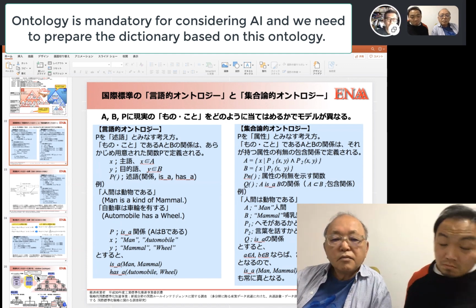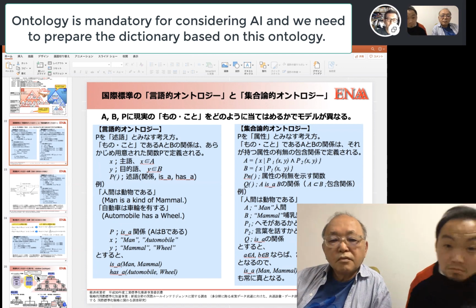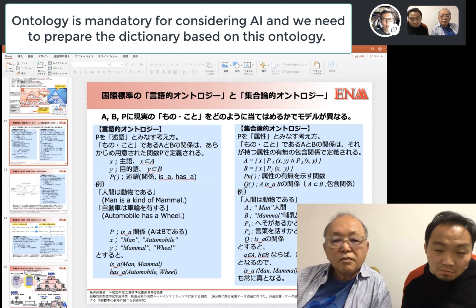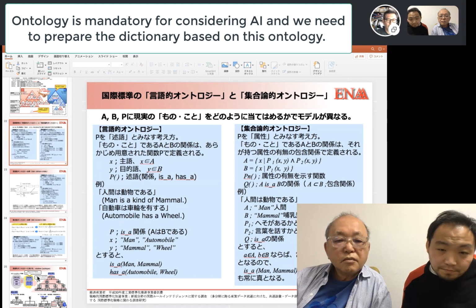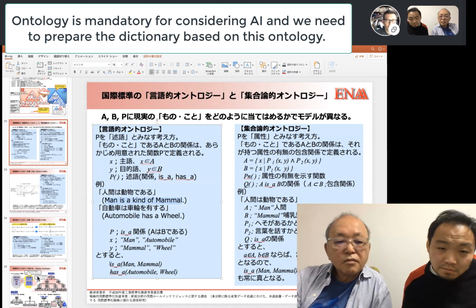In the case of linguistic ontologies, we explain things like this. It is much easier to understand meanings from the bottom. If we like to say man is a mammal, man is a kind of mammal, this can be explained in such a representation.